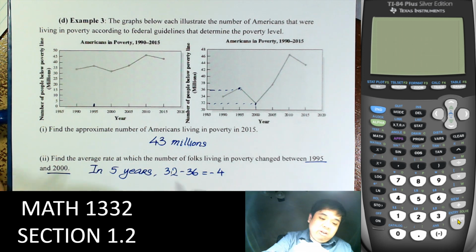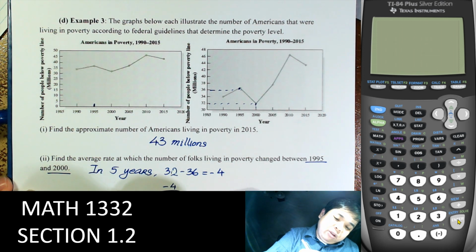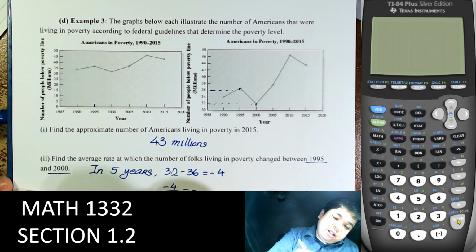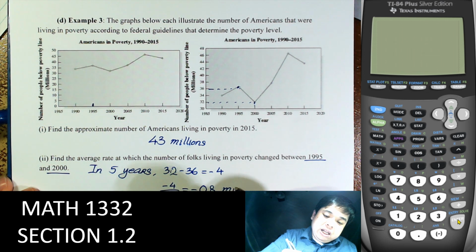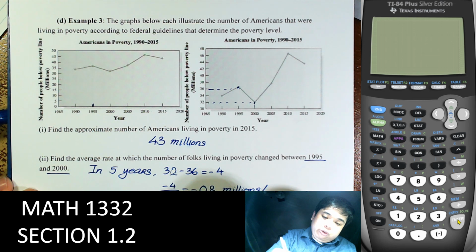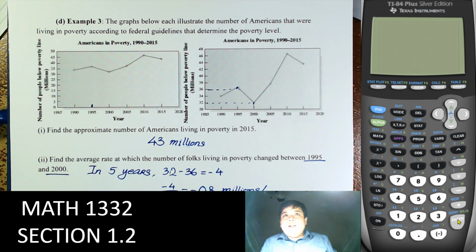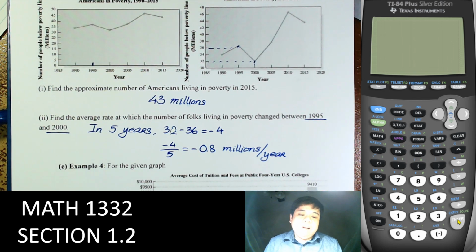So we have to divide by 5, because that is in 5 years, which is negative 0.8. So the unit in this case, we said millions of people a year. So from 1995 to 2000, the number of people living in poverty decreased by 0.8 million a year.